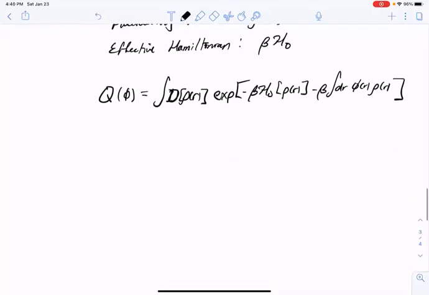Now, if I play my same trick, there's very few tricks we know how to actually use, but if I multiply and divide by the partition function in the absence of the field, I will be, like I have been before, able to write the perturbation part as an expectation value.